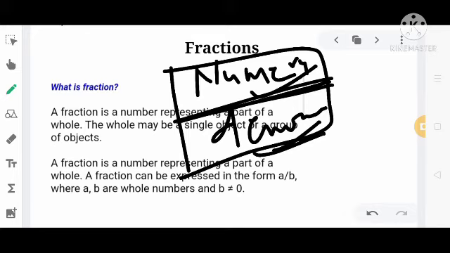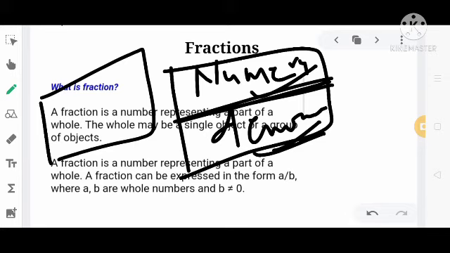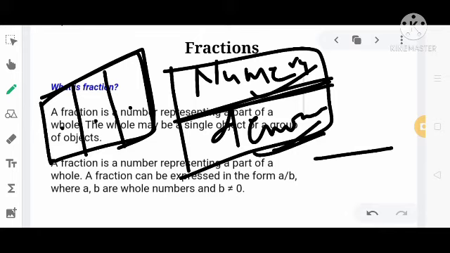Denominator represents the equal parts of the whole. Suppose you have a piece of chocolate and you cut it into 3 equal parts. It means the denominator is 1, 2, 3. Because there are a total of 3 equal parts, the denominator will be 3.